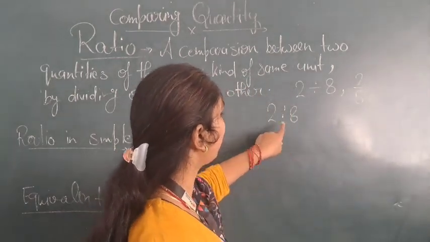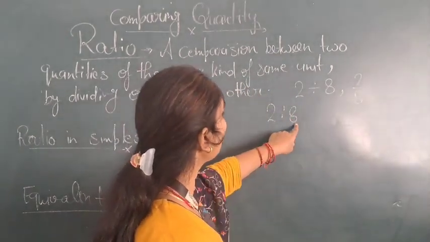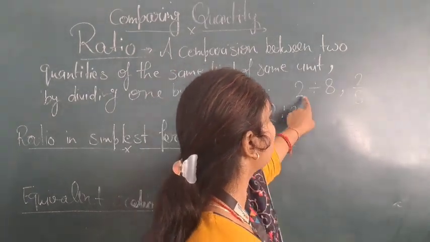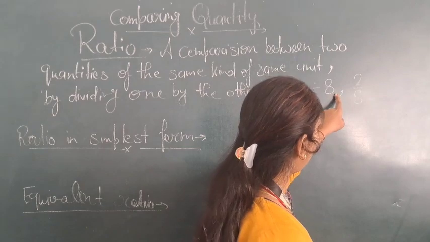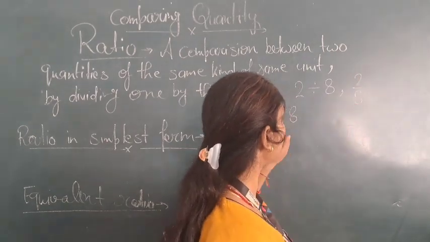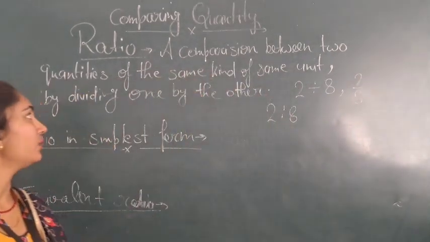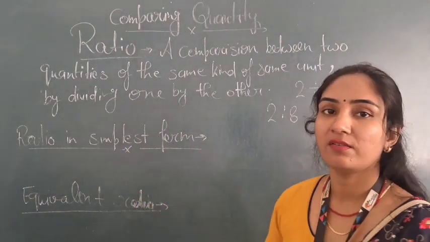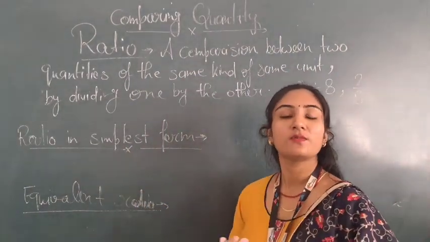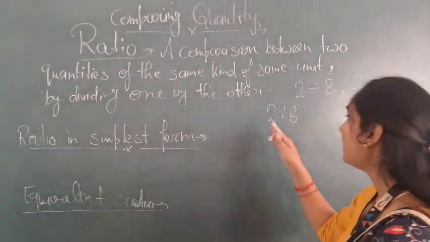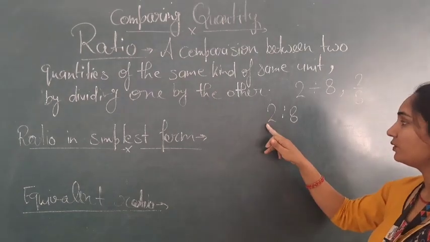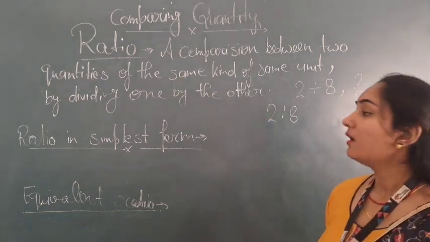That means we are comparing two quantities by the ratio 2:8. So if we compare two quantities of the same kind by dividing them, then we can write 2:8 in the form of a ratio.